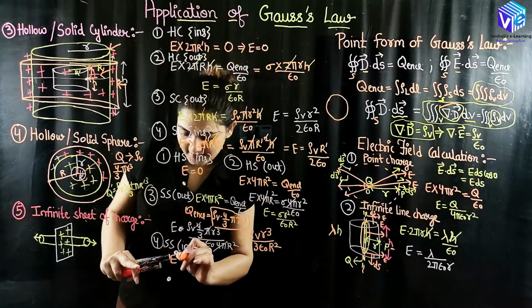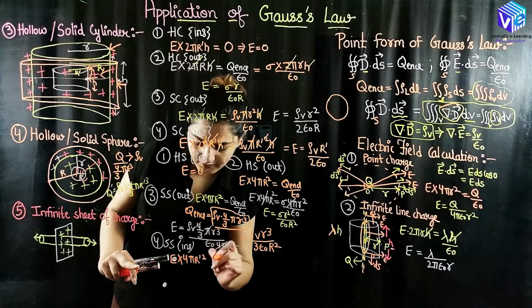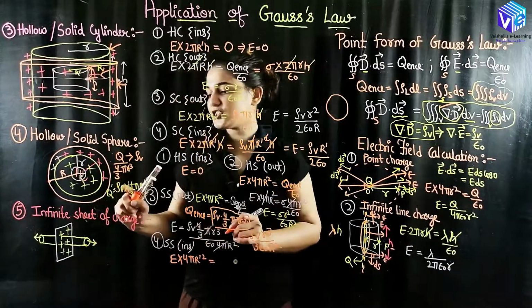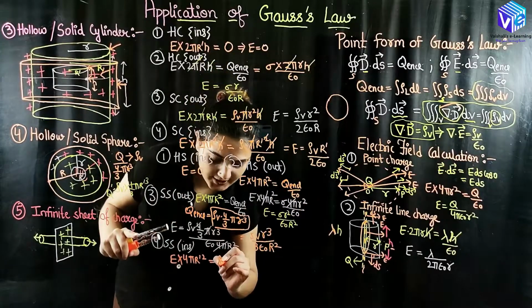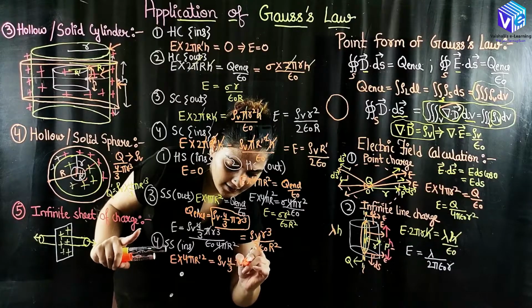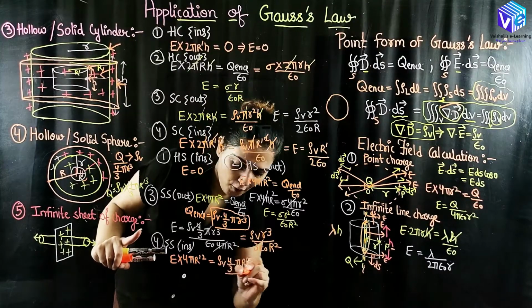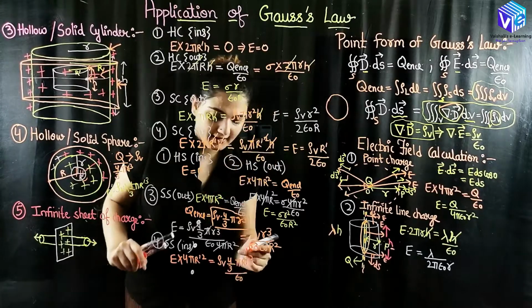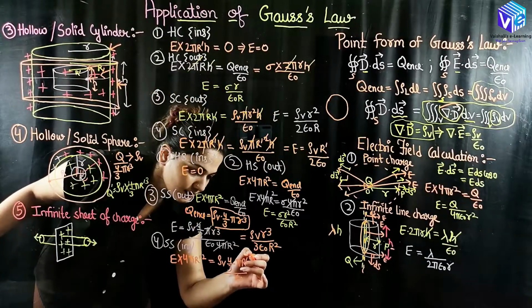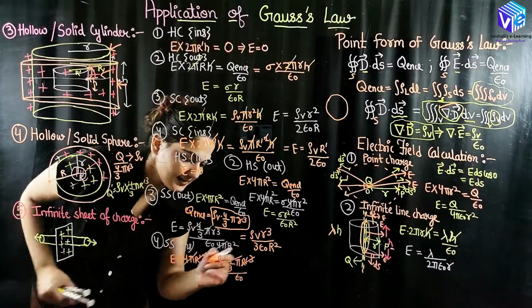Surface area will be E into 4 pi r dash square. It will be equated to the charge enclosed. Now I know charge enclosed is rho v into 4 by 3 pi r dash cube upon epsilon naught. So here r dash square will get cancelled out, 4 pi will get cancelled out.